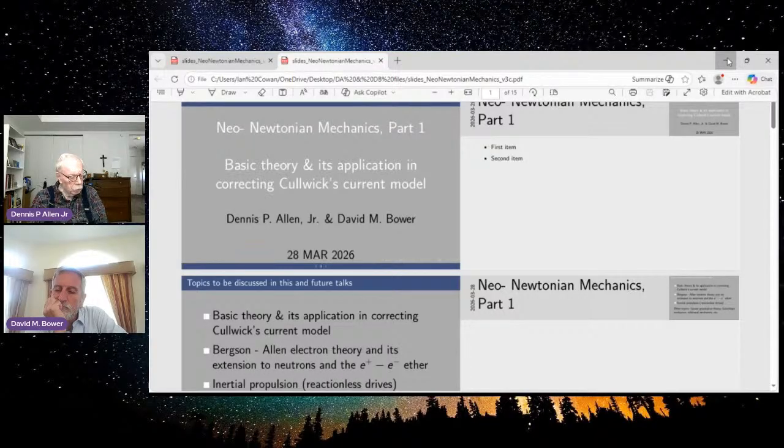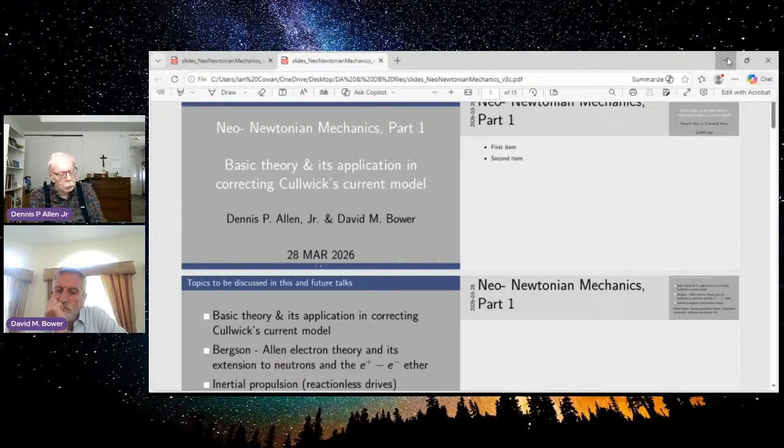And his dream is to be the one. He's about ready to retire, he's about 83, and he wants to go down in history as the one who shot down curved space-time and general relativity.